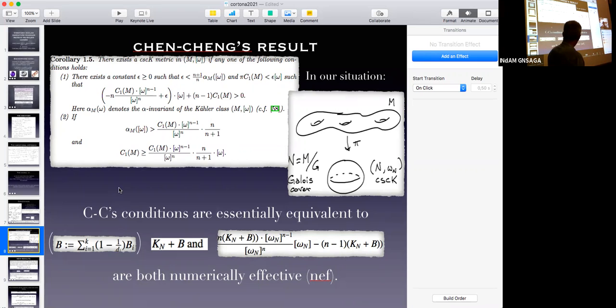What does the last condition mean? Well, I didn't check it, but I hope it should be automatic. I mean, this should be maybe the only condition, K_N NEF, yes. And then otherwise, you're right. It's a good question.